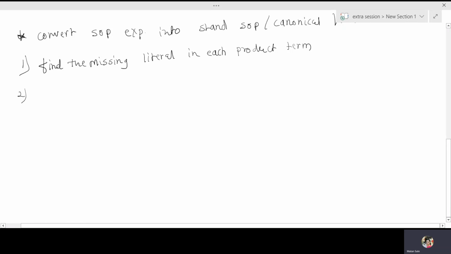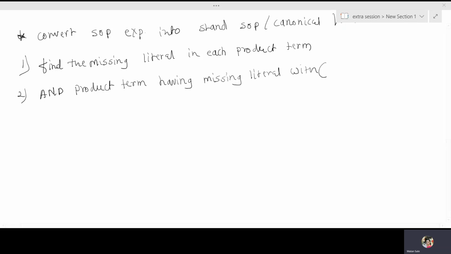Second step, AND the product term having missing literal with the term which is formed by the OR operation of missing literal and its complement.